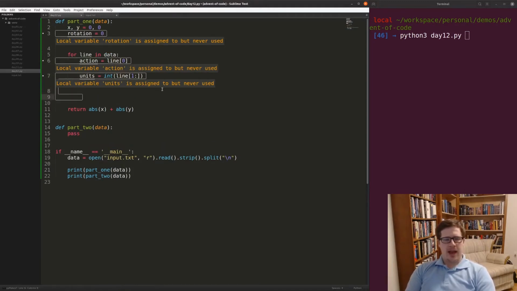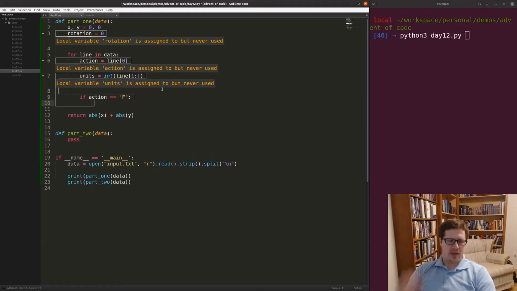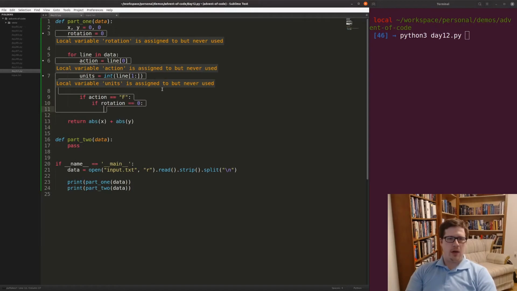Okay, so next, if action is F, and I'm starting with F because I want to determine what the true action is going to be. We know if our rotation is 0, then our action is actually just going to be moving east, right?